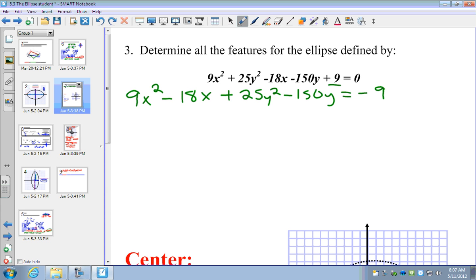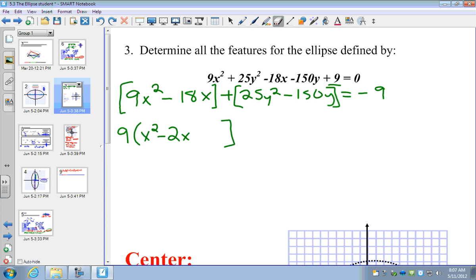Okay, now I'm going to complete the square, and that's going to help with my center. So what I'm going to do is I'm going to group the x's, group the y's, and go about completing the square. So out of this, I'm going to take a 9. I'm going to be left with x squared minus 2x, and I'm going to leave space because I'm going to complete the square there.